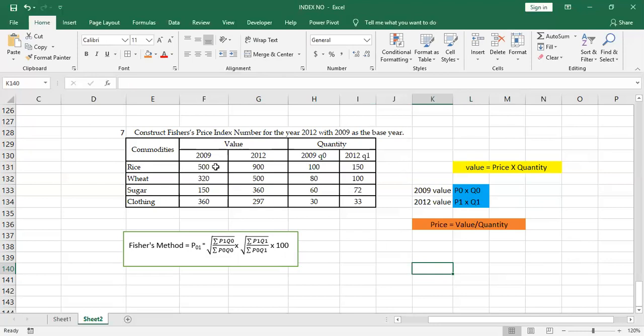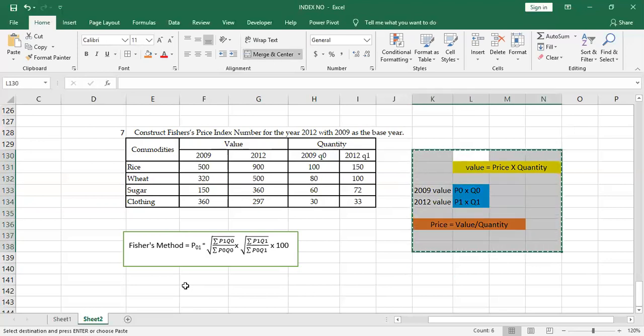Now here 2009 represents a value, and value means P0 Q0. 2012 represents P1 Q1. So no need to find out P0 Q0 and P1 Q1, because it's already there. First we'll find the price for 2009 and then the price for 2012. So I'll cut this and paste it here.